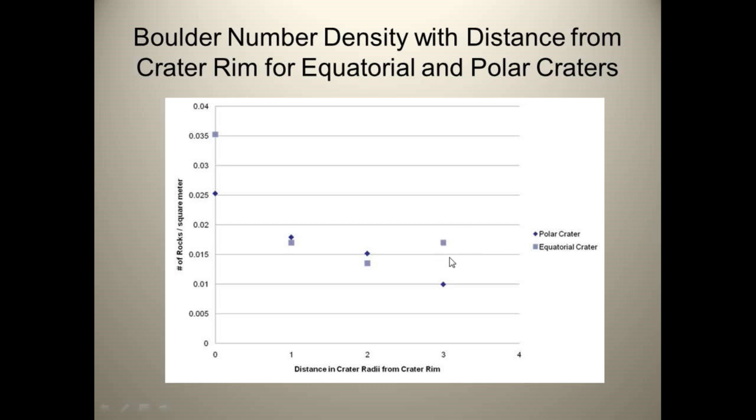And out here for the equatorial crater, since there's much less degradation of craters at equatorial regions, we actually had influence of other impact crater structures and their boulders. And so we can see from this that the distribution of boulders around polar craters should be similar to the distribution around equatorial craters. It's just that when we look at the boulders themselves, we find the polar boulders are clustered and the equatorial ones are not.